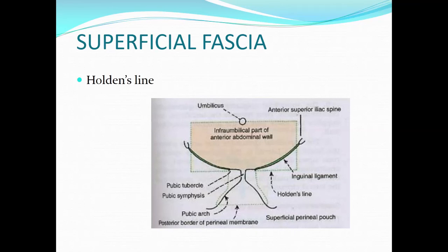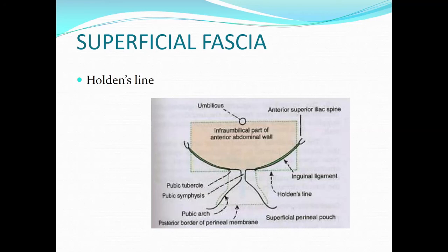It starts from pubic tubercle and goes to the lateral side up to 8 centimeter. Here the deep fascia is firmly attached to the deep membranous layer of superficial fascia. It has a very clinical importance in that it prevents the extravasation of urine from the abdomen to the thigh.